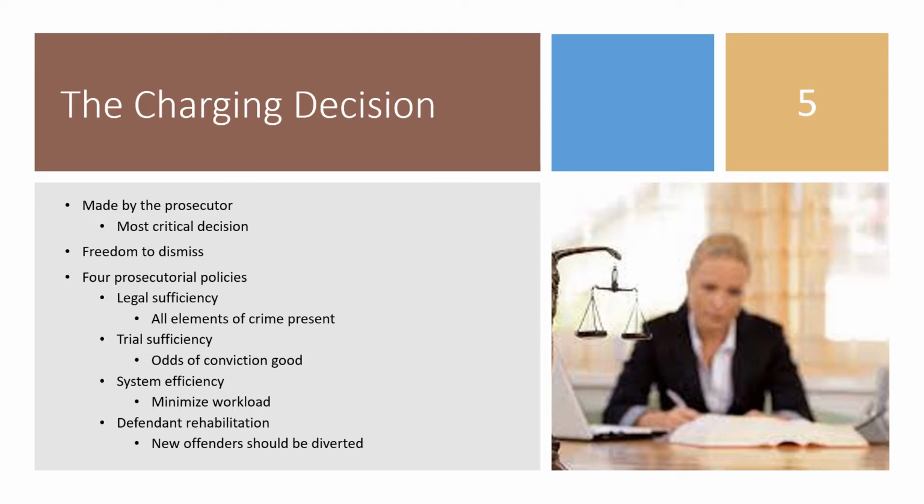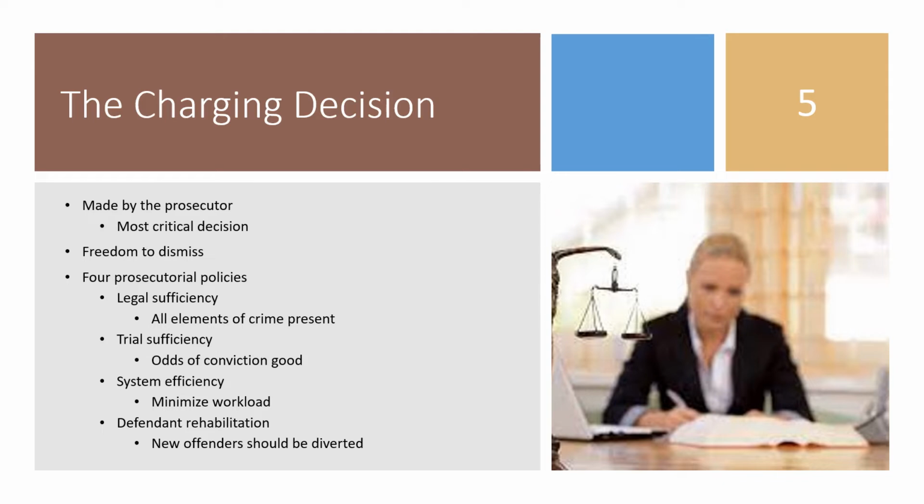Another way they do system efficiency is to divert, and diverting specifically first-time offenders to some kind of diversionary program that keeps them out of the criminal process by not formally charging them. Okay, and it also helps reduce the workload. If you don't charge as many cases, then you're not going to have as many cases to prepare for and ultimately try.